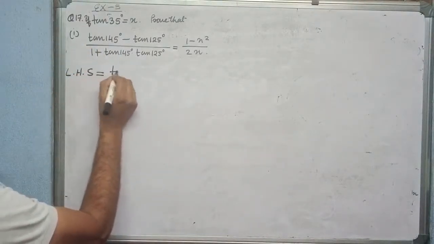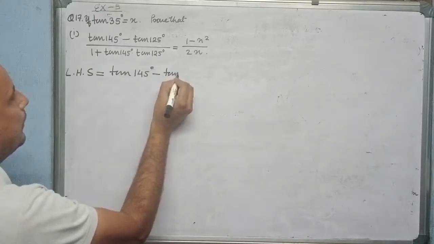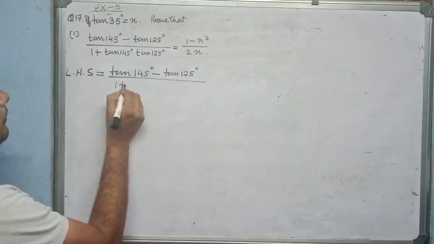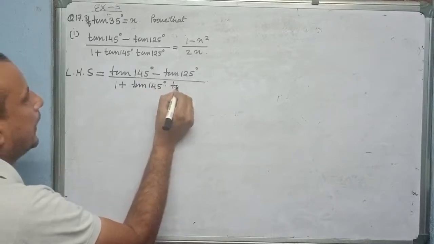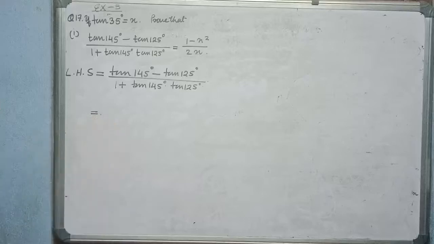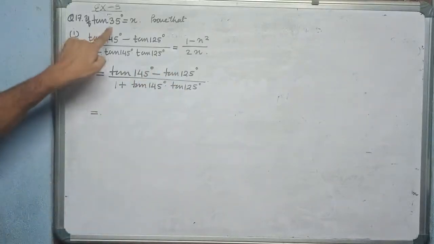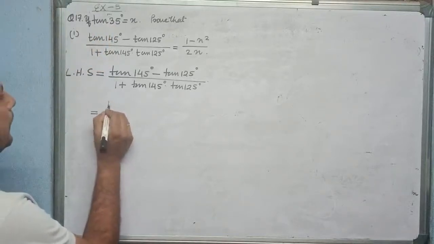Left hand side, I'll take (tan 145 minus tan 125 degree) over (1 plus tan 145 degree into tan 125 degree). Now I'll convert these higher angles, 145 degree and 125 degree, in terms of tan 35 degree using the quadrant system.